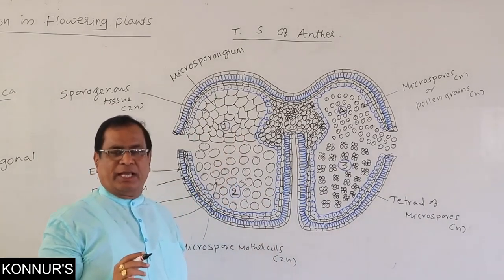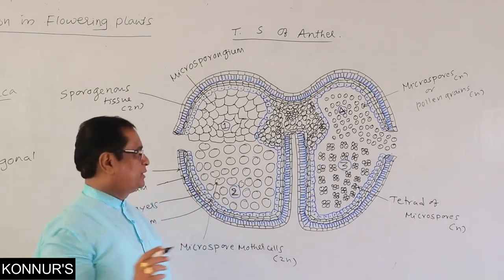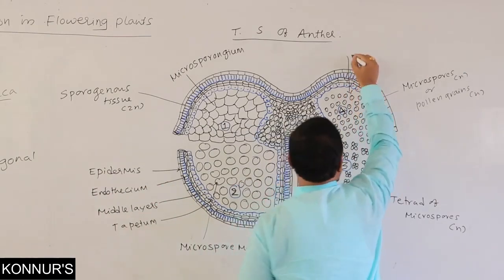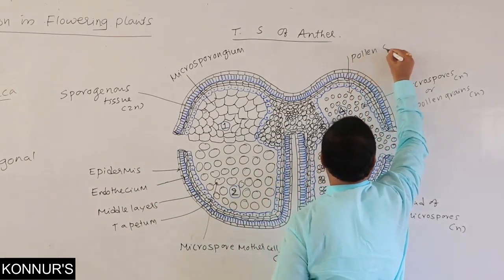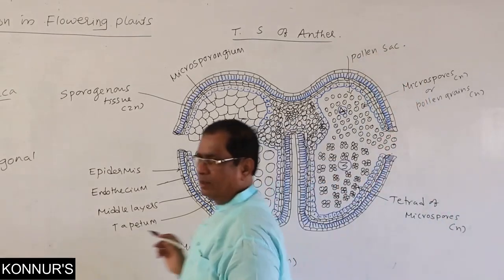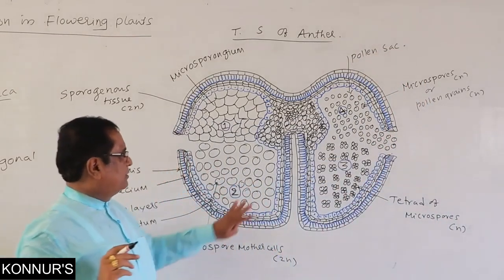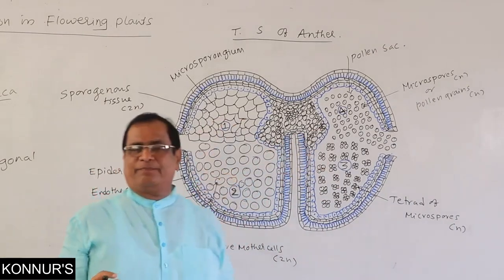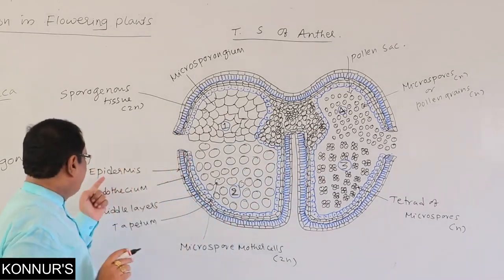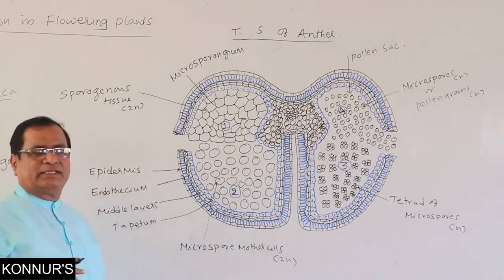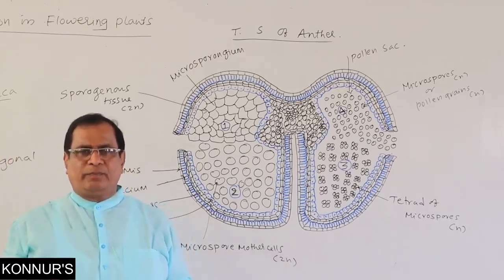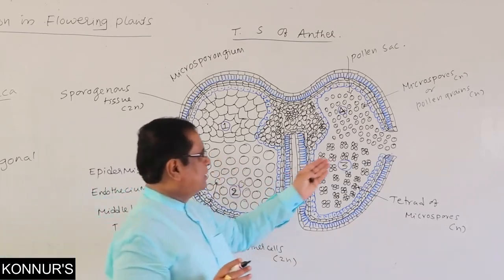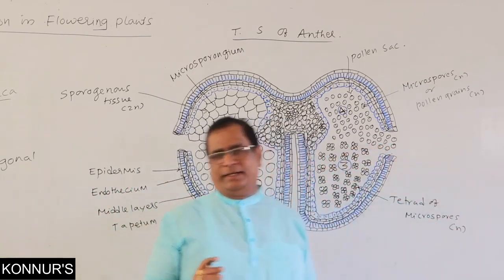But when these microsporangia produce the microspores, the same microsporangium is said to be a pollen sac. Once microspores or pollen grains are completely formed, with the help of the epidermis, endothecium and middle layers, the microsporangium breaks open, and hence pollen grains are released outside.